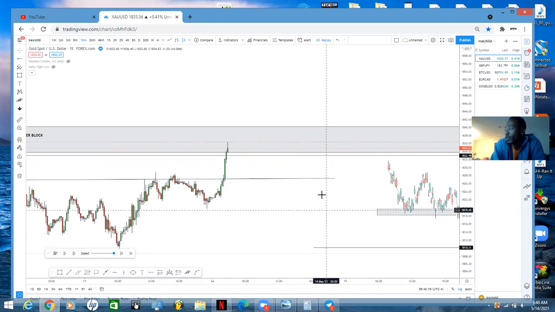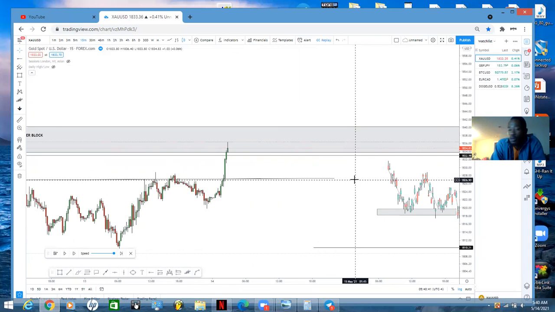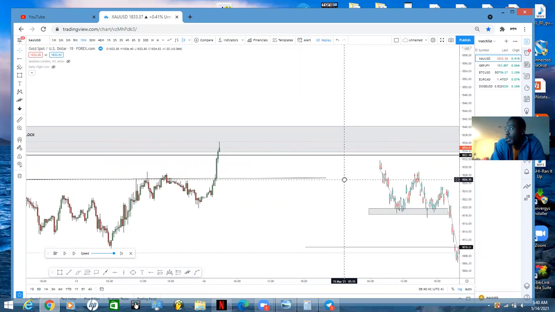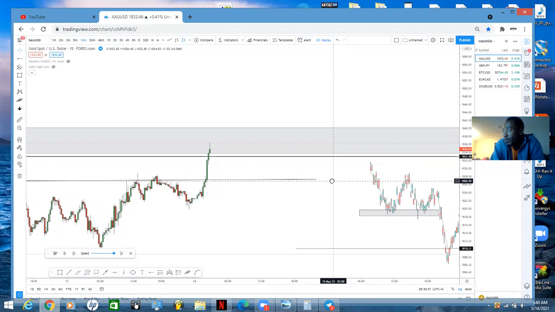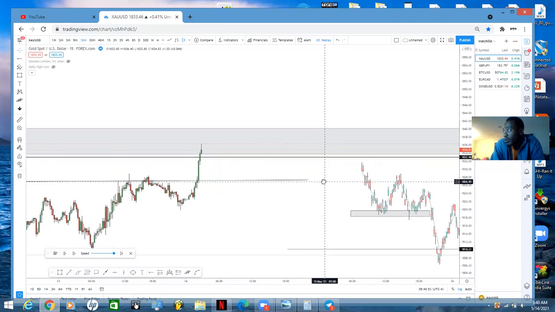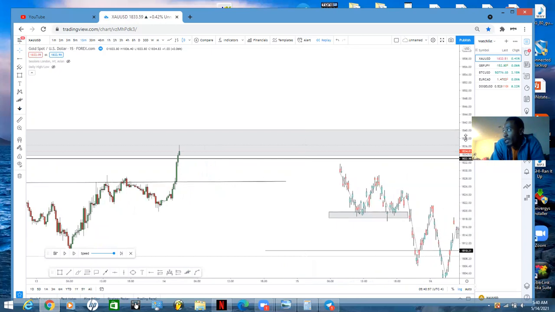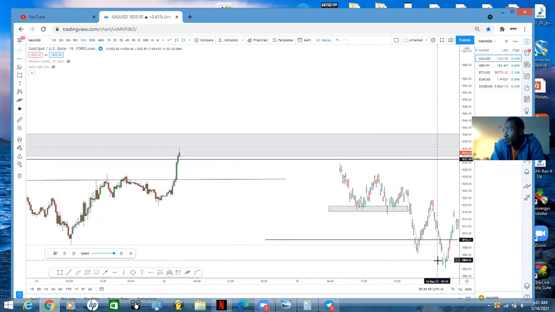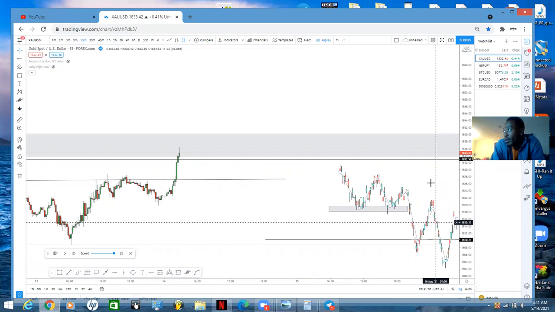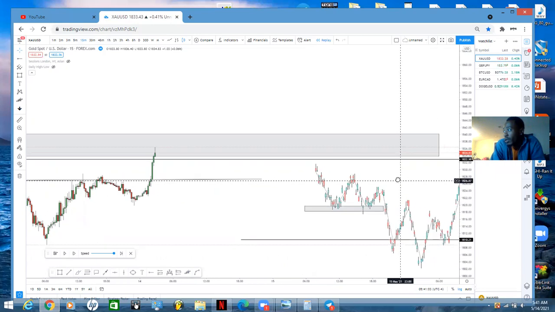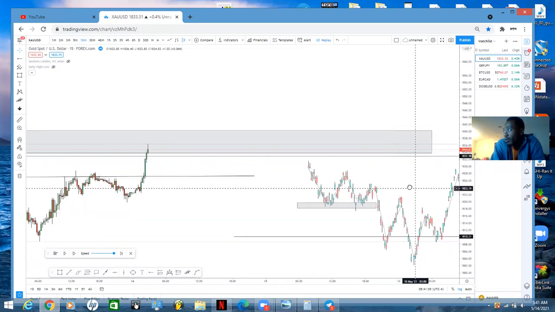So price would shoot sharply down to mitigate that order block. That's not when I buy. I don't buy right in. I wait for that first bounce. Once I see that first bounce, I wait for that move right there. That second dip is the move that I will buy. And then this is the confirmation move right here.